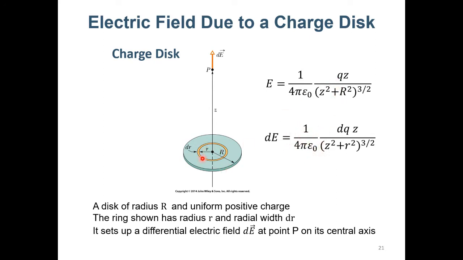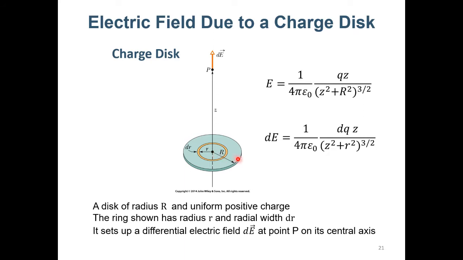Q becomes dq, because it only consists of an infinitesimal charge here. And if you add all of the small charge together, it's the total charge on this disk. And also we consider the Z from this disk, and nothing special.